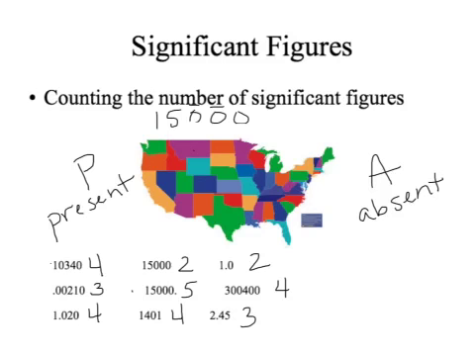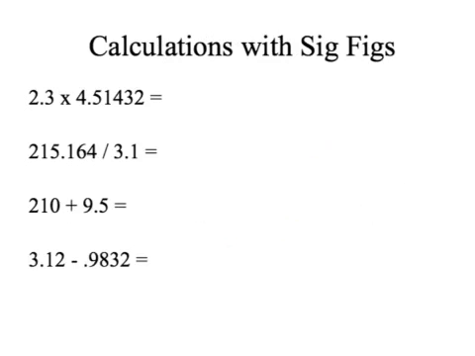Now if I do calculations, I have to always go to the least precise measurement to get my answer. And so in my first problem here, my first measuring instrument that was used to get the 2.3 was precise to 2 significant figures. The device that was used to get this number has 1, 2, 3, 4, 5, 6 significant figures.